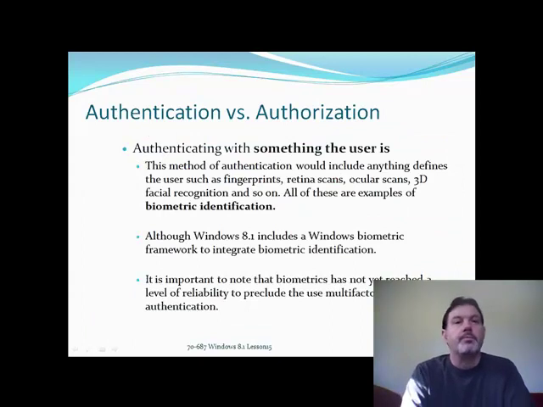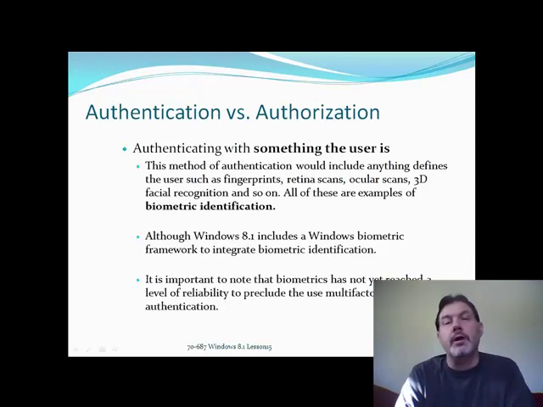Alright, so authenticating with something the user is the third and final method that we use to authenticate to resources. This method of authentication is going to include anything like fingerprints, retina scans, ocular scans, even 3D facial recognition. All these are examples of biometric identification. Now, Windows 8.1 does include a Windows Biometric Framework to integrate biometric identification.